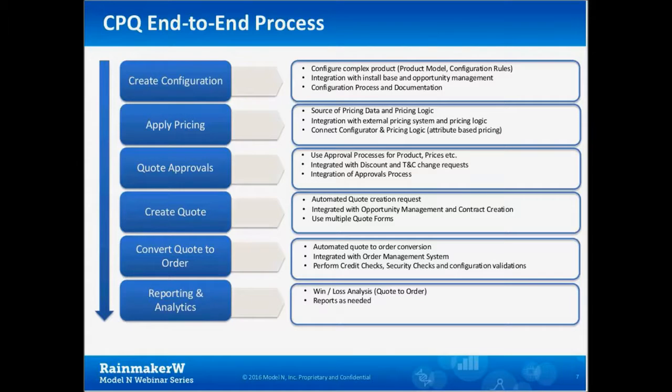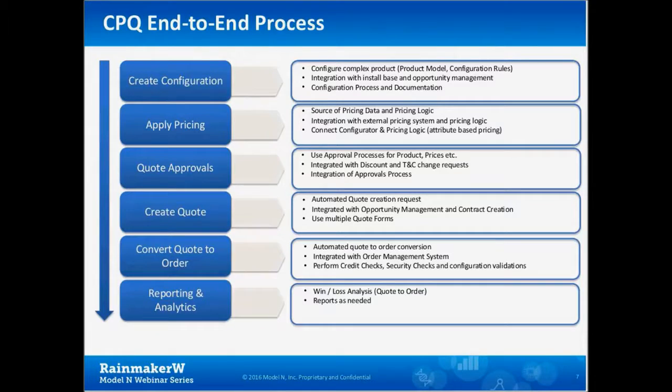Okay, so I already mentioned it at a high level with the example on the previous slide, but let's take a moment and really look at what this end-to-end process looks like. There are mainly five key steps and then one reporting step. Create a configuration, so you create a product. What we say is you configure a complex product.